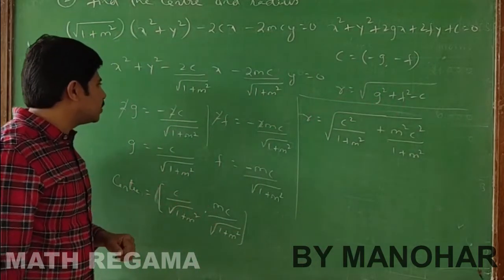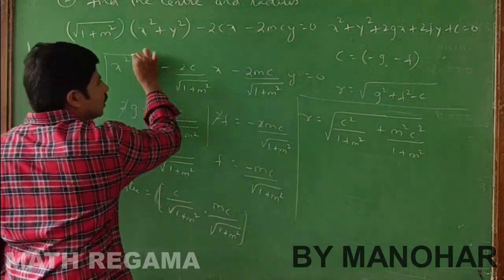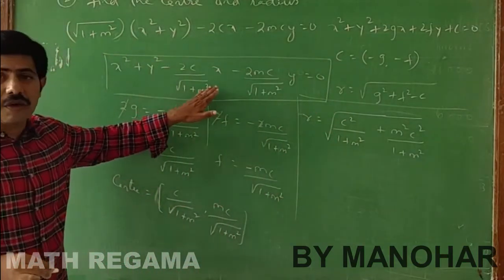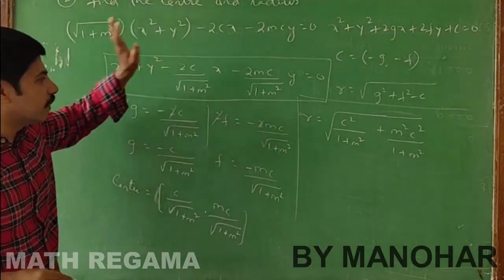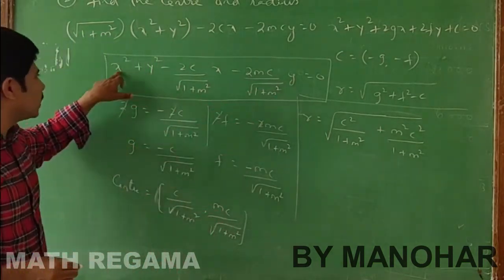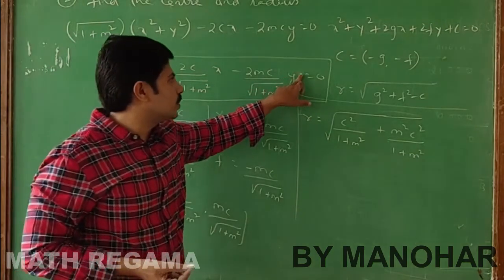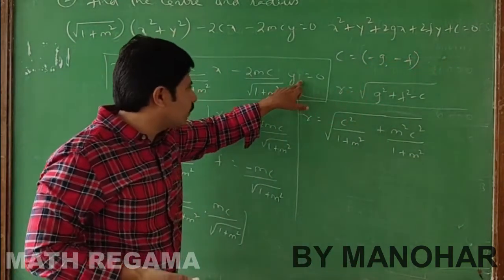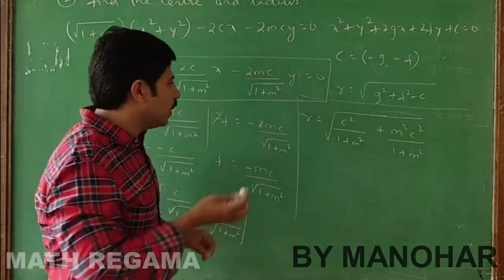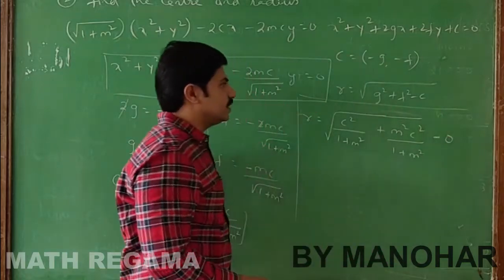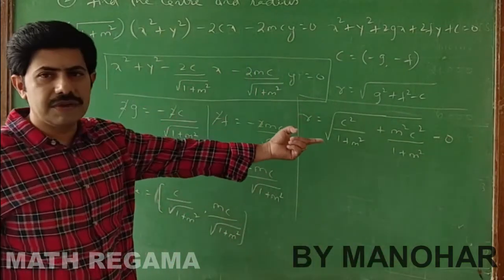In this equation, we don't have any constant. This is the x coefficient, this is the y coefficient, and x square, y square are variables. Generally, after the y term we have a constant. Here we don't have that constant. That means the constant is missing. If the constant is missing, it is understood to be 0. So from the equation, the c value is 0.